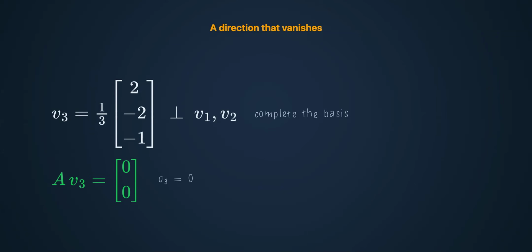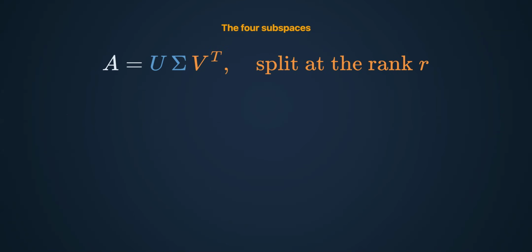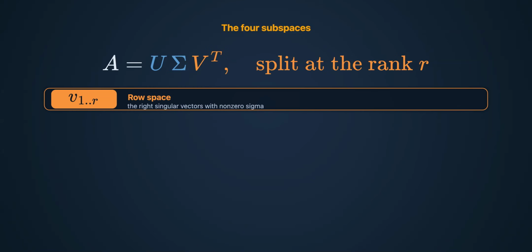A 0 output is a 0 singular value, the very same crushed direction we met as a 0 eigenvalue last lesson. And that splits the singular vectors into 4 meaningful groups. Split U and V at the rank, the number of non-zero singular values, and they hand you every subspace anyone ever asks about. The right singular vectors with non-zero sigma span the row space, the directions that actually go somewhere.